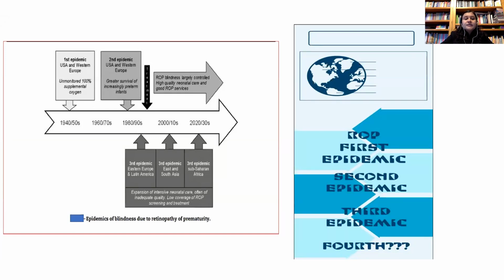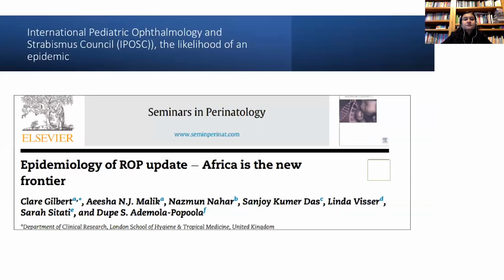In the late 80s and early 90s, the third epidemic was seen in Eastern Europe and Latin America, then in the early 2000s in East and South Asia, and in 2020 in Sub-Saharan Africa, because of the expansion of intensive neonatal care, often with poor quality services and low coverage of ROP screening. There is a recent surge in cases of ROP in Africa, and it raises the alarm whether we are stepping into a fourth epidemic of ROP.